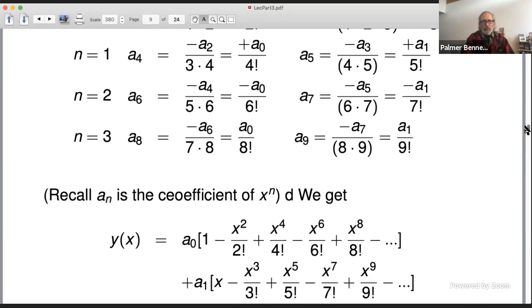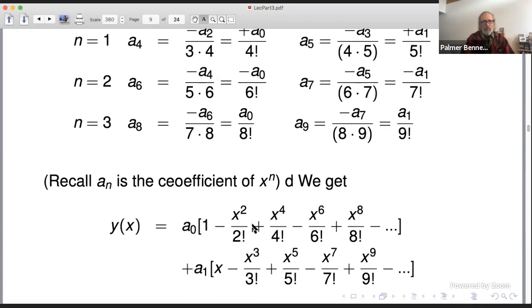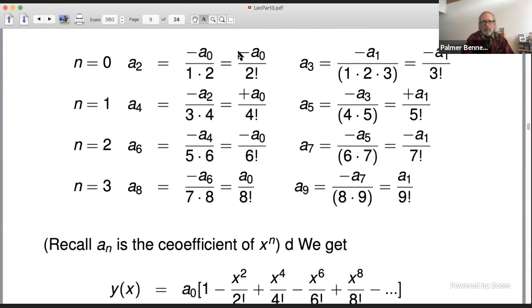The series for the solution is going to be y of x is going to be A naught, and then we use the coefficients, the first column here that we produced. I factored out the A naught. A naught is the coefficient of x to the 0. A2 is the coefficient of x squared, so you took out the A naught, you're going to get minus x squared over 2 factorial.